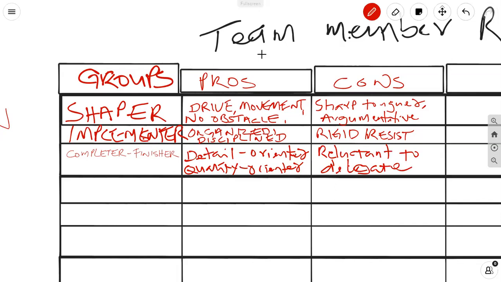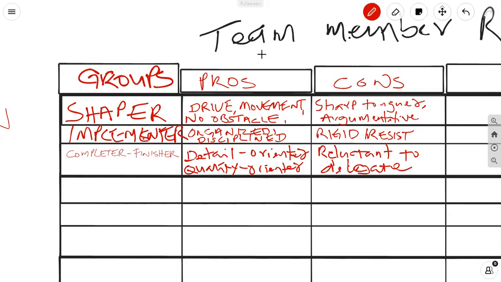You know, in some settings, I could kick back and do very, very little shaping. And in some instances, I am the shaper. In other instances, I am the finisher. I mean, like if you're talking about some project management, program management related endeavor, I could very well become a completer finisher.